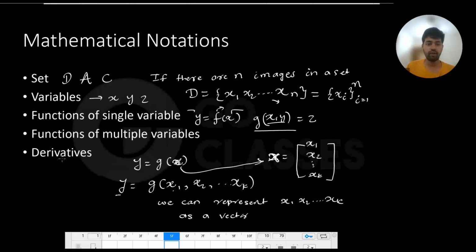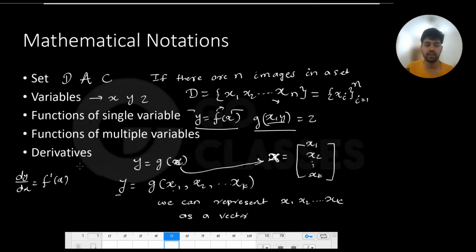Then what we have is a derivative. So a derivative is basically the rate of change of a function, right? So we will use the standard notation. If you consider y is equal to f of x as a function, then dy by dx is basically f dash of x, the derivative of y with respect to x, right? Now we have y as a function of different variables.